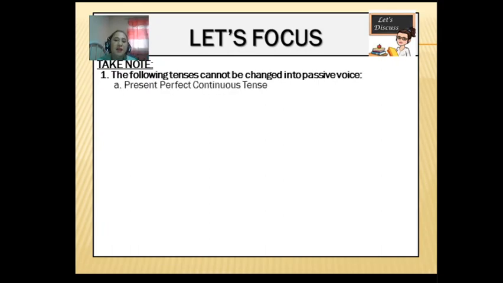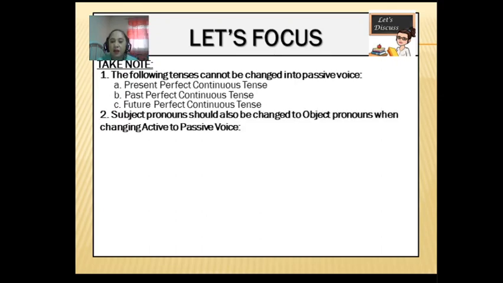Of course, the present perfect continuous tense, you don't change it. If the sentence is using a perfect continuous tense, you just change the subject into an object of the sentence. Past perfect continuous tense, future perfect continuous tense.